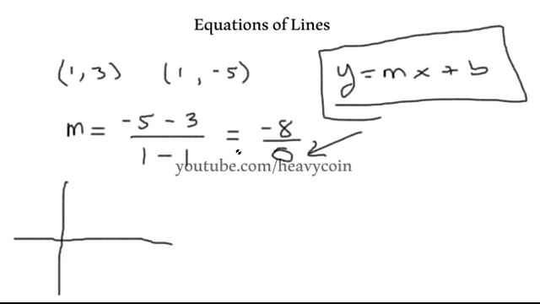Let's plot both of these points. Let's say 1, 3 is here, and 1, negative 5 is down here. So this is a vertical line passing through both of these points, and this is going to end up being x is equal to 1.